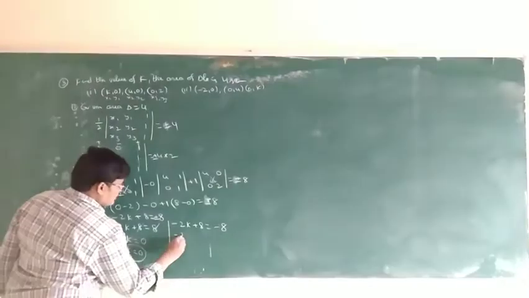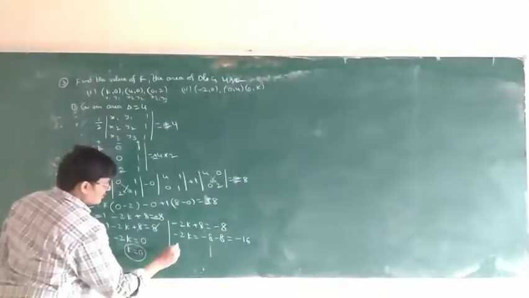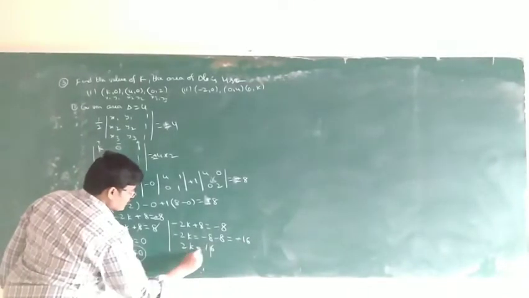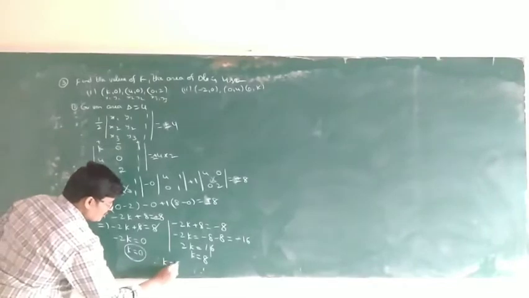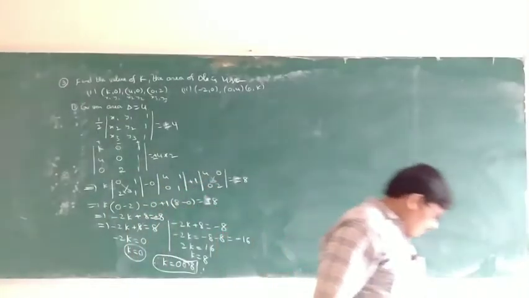Next, minus 2k is equal to minus 8 minus 8, which is minus 16. So minus minus cancel. 2k is equal to 16. K is equal to 8. Therefore k is equal to 0 or 8.